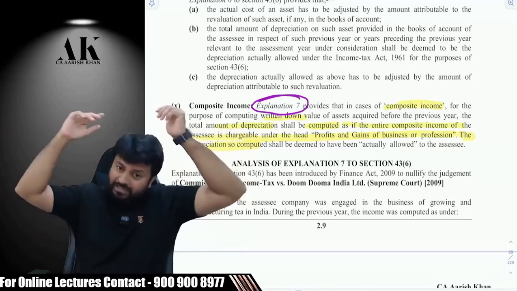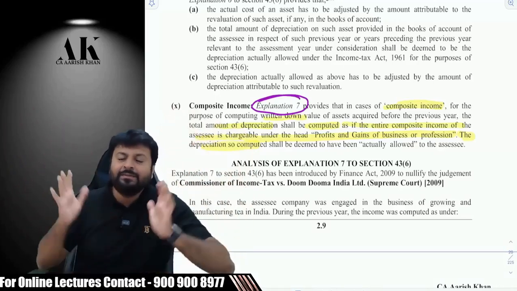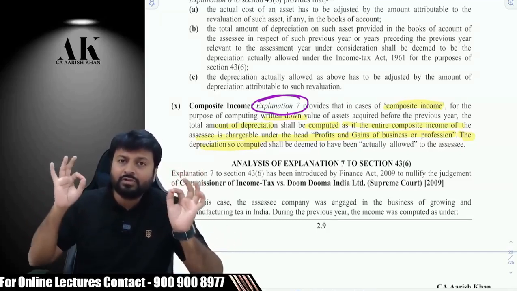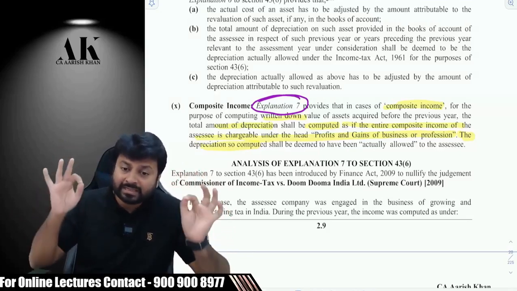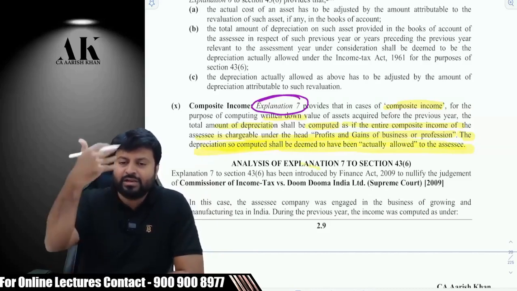Taxable. Even though reality is 40/60, but for the purpose of computation of WDV, you have to assume entire income is taxable income. Compute depreciation. How much depreciation will be coming? 150. Reduce entirely from the block of asset. And the depreciation so computed shall be deemed to have been actually allowed to the assessee.